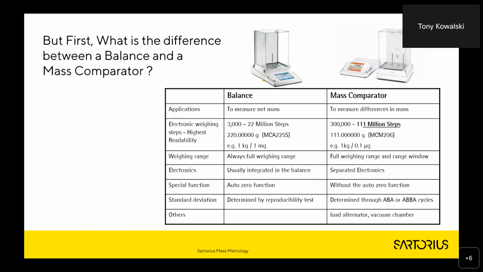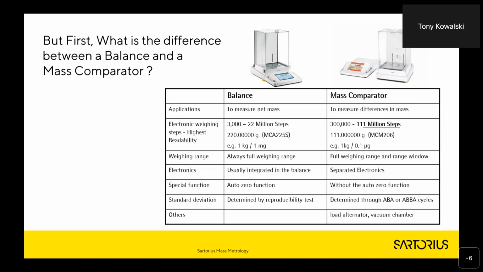And because it's a mass comparator, we're able to do that with more resolution, more readability. So, for example, in the laboratory, we would find the best laboratory balance will be somewhere between 3,000 and 22 million steps between the first displayed value and the maximum range.